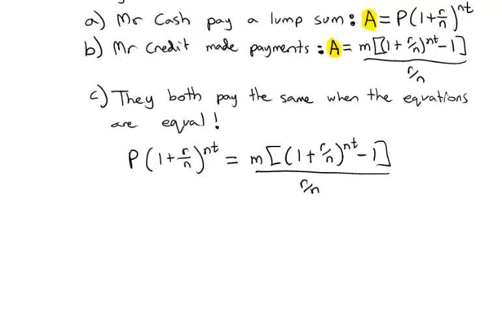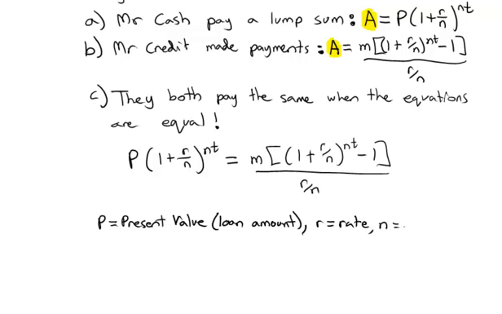And just to clarify all of these definitions, all these variables, we've seen them all before, but P is the present value. You could think about it as the initial starting loan amount. R is the interest rate.